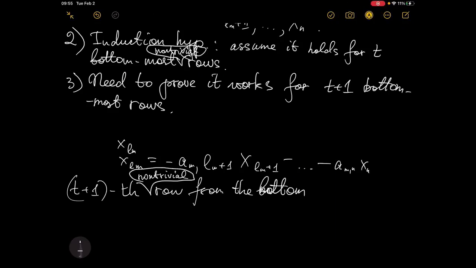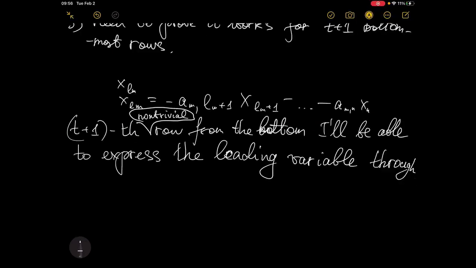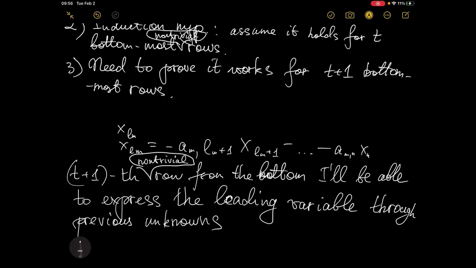If I consider the t plus 1th non-trivial row from the bottom, I will be able as well to express the leading variable through previous unknowns, right? So pay attention.